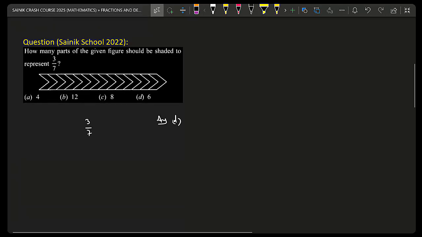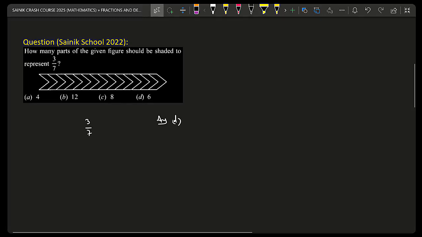Sir, how do we get D? Because there are 14 parts, no? Yes, sir. We want to get the fraction 3 by 7. That means the denominator should be 7, right? Yes, sir. In order to have 7 parts from 14 parts, I imagine two parts together as one bigger part. So total how many parts became now? 7 parts.